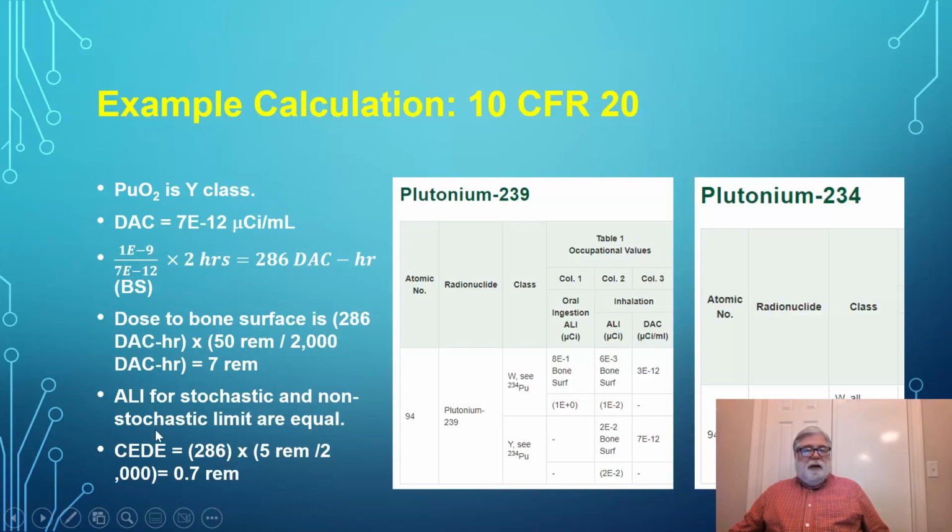We can just take our DAC-hours, and the exposure we receive at 7 × 10⁻¹² microcuries per ml will, in addition to giving us 50 rem to the bone surface, also give us 5 rem to the committed effective dose equivalent. So for the same number of DAC-hours, we get 5 rem for 2,000 DAC-hours. So 286 times 5 rem divided by 2,000 will give us 0.7 rem as the committed effective dose equivalent.